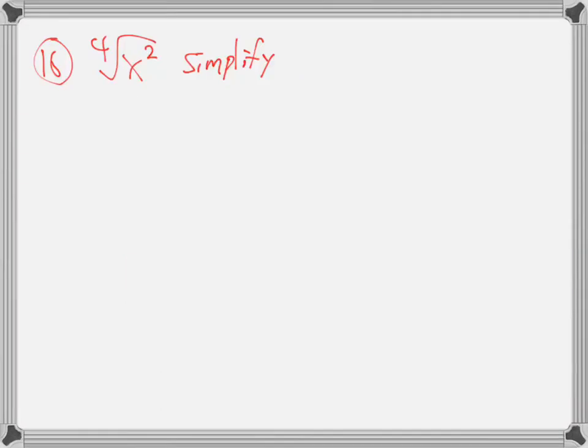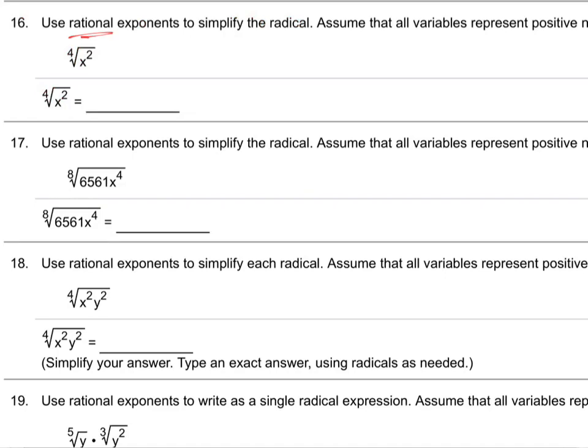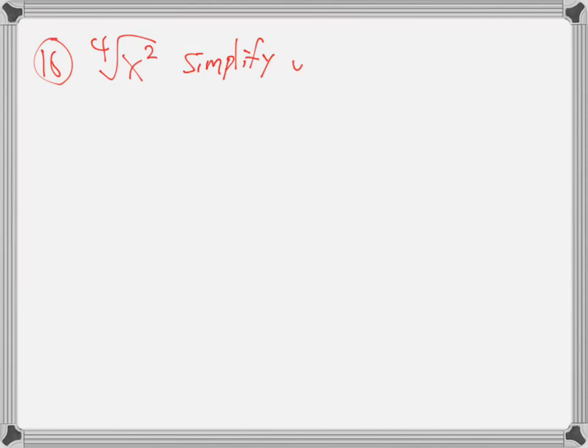Oh, and they even say rational exponents. Let me write that for you. Simplify with rational exponents. So how do I simplify with rational exponents?